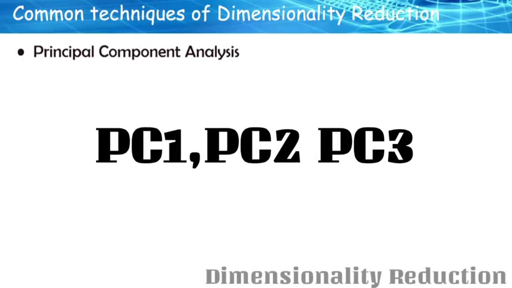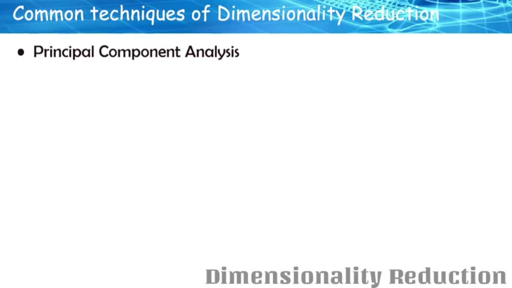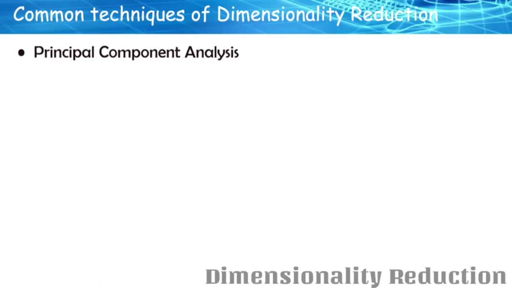It is one of the popular tools used for exploratory data analysis and predictive models. PCA works by considering the variance of each attribute. Hence, a high-variance attribute shows a good split between the classes, and hence it reduces the dimensions.